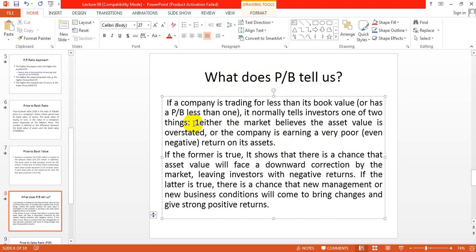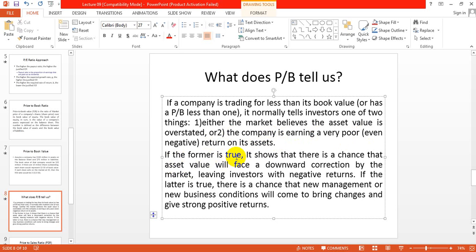The first thing is this: the investors in the market believe the asset value is overstated. That the company overstates the value of asset. The second thing, the company is earning a very poor return on its asset, means the company's performance is poor.